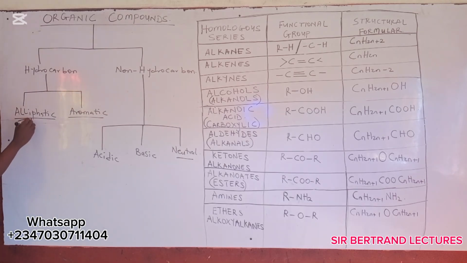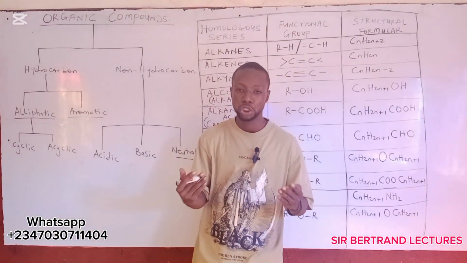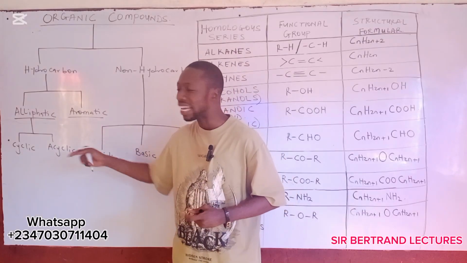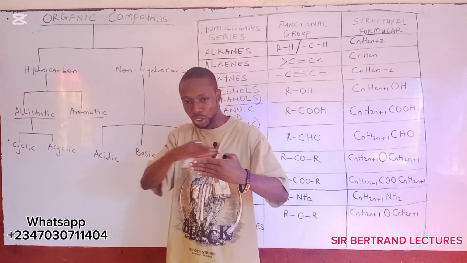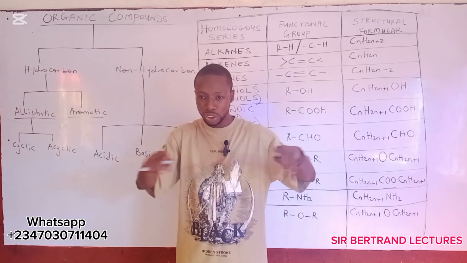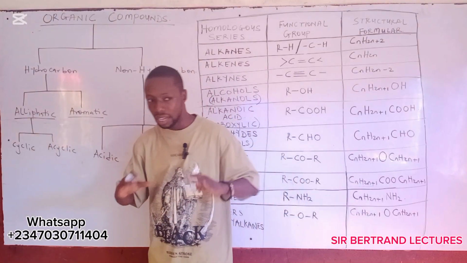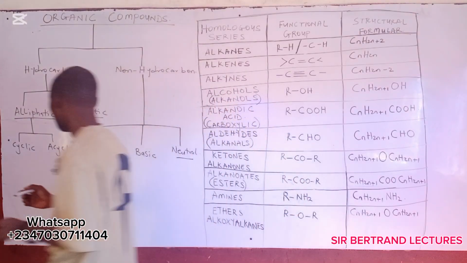The aliphatic are cyclic and acyclic. The cyclic assume the shape of a ring, a circular shape, while acyclic is the straight chain hydrocarbon, which can also be branched.